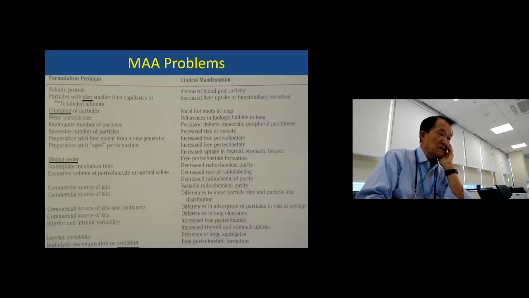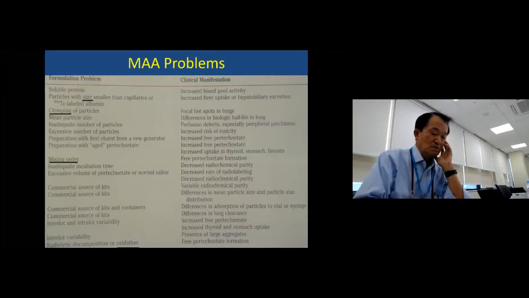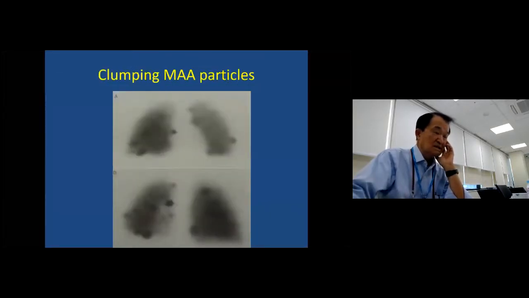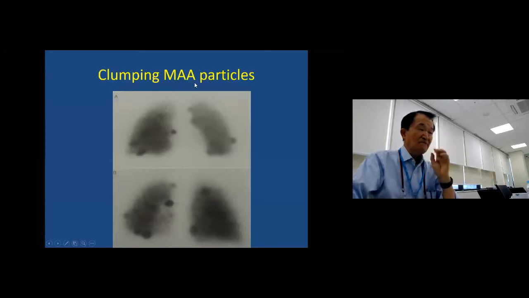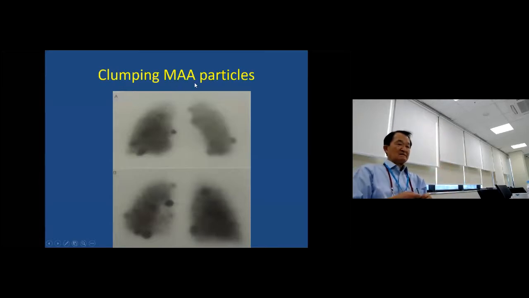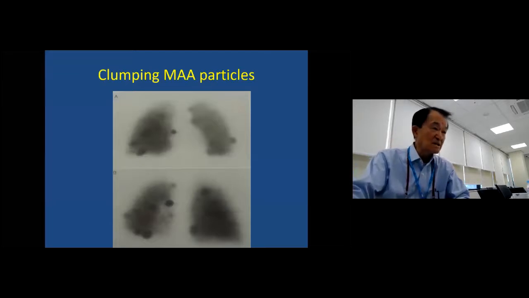So, MAA false positives, that's a clump, all those things. Because this MAA is a fat, unlike human microspheres that are synthetic, this one is natural, so it accumulates.